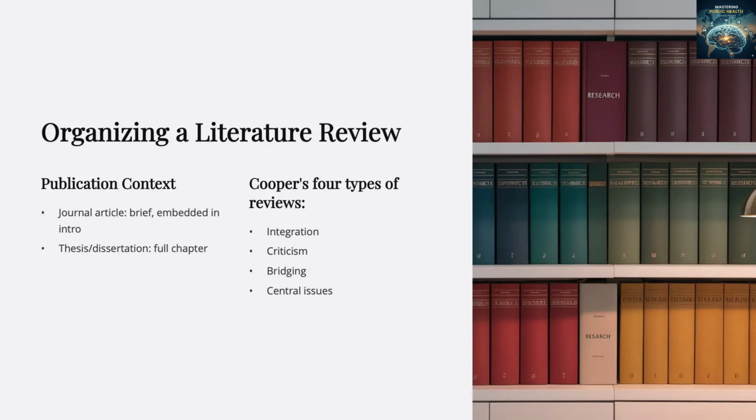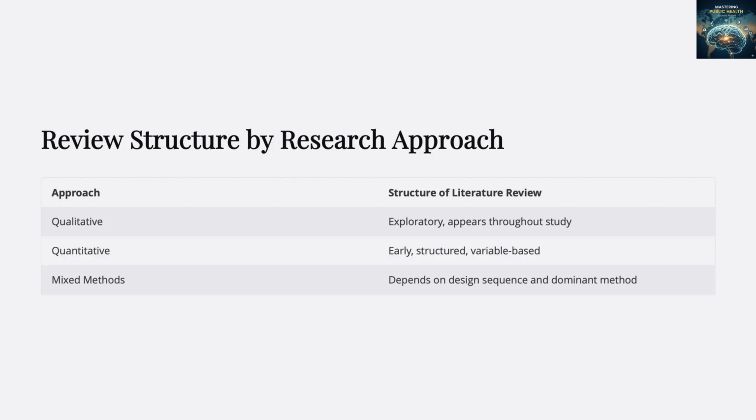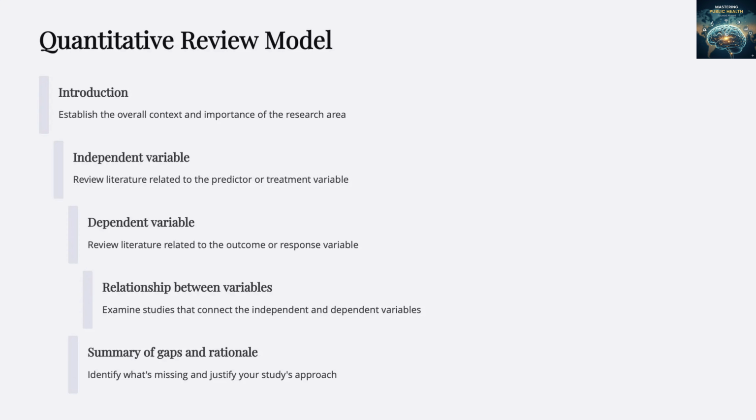Literature review structures by research approach. Let's look at how review structure changes depending on your research design. Qualitative studies: literature appears throughout the study, sometimes up front, sometimes at the end. It helps orient the researcher without overpowering the voices of participants. Quantitative studies: a strong literature review appears early and lays out theories, past results, and variable relationships.